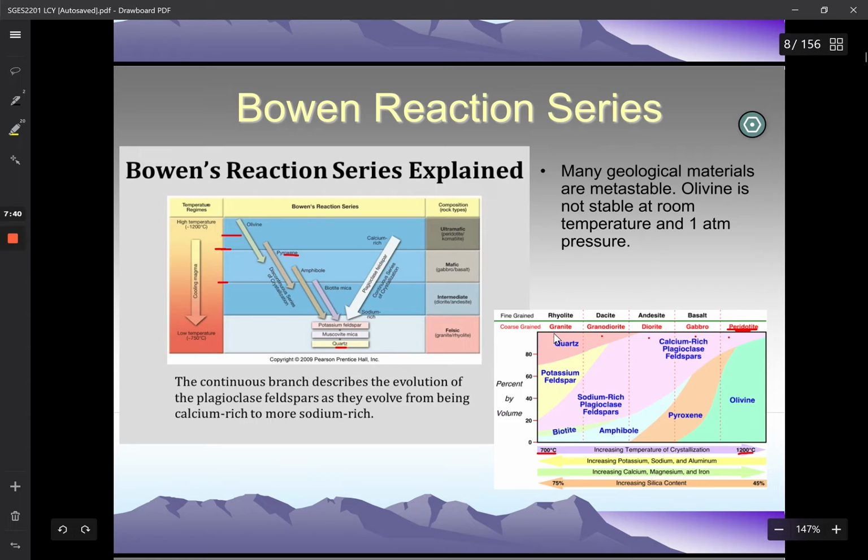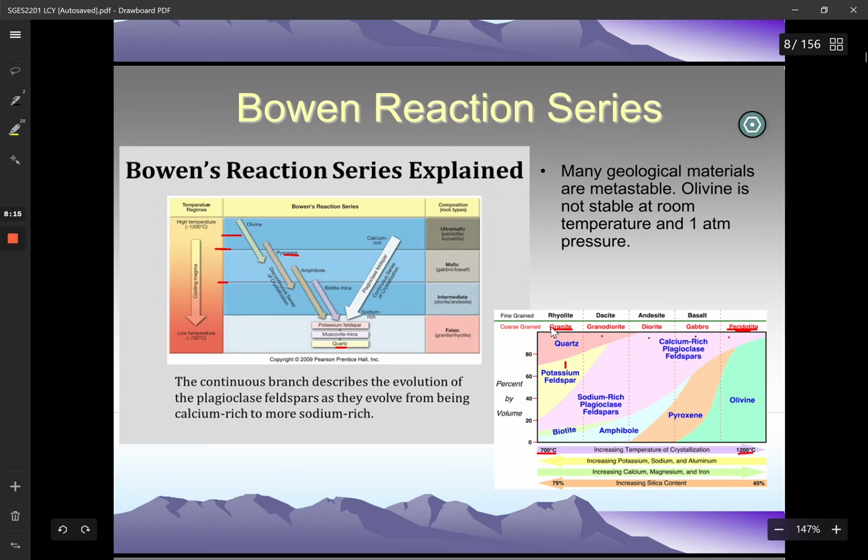Whereas for granite to form, you need quite a large composition of potassium feldspar, and also quartz and a little bit of biotite, and also a sodium-rich plagioclase. So this mixture forms when it all crystallizes together.